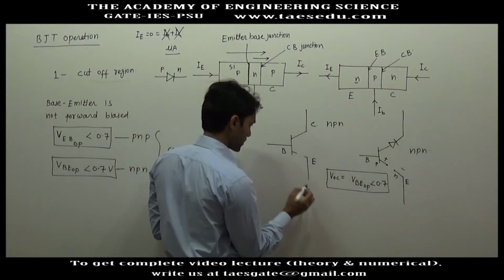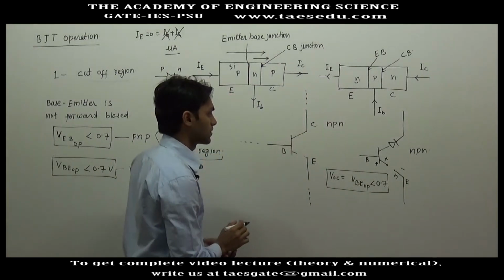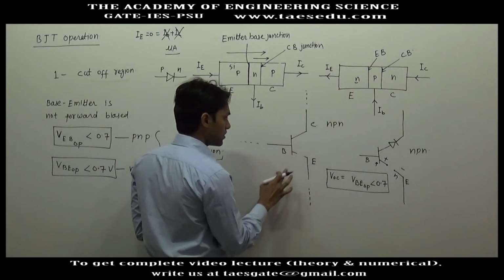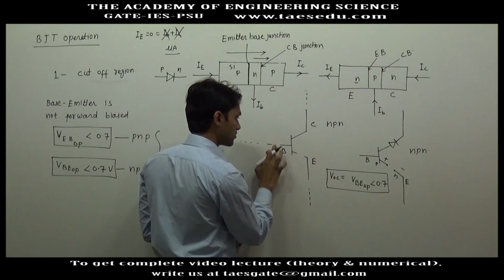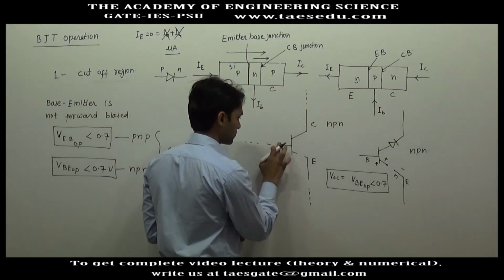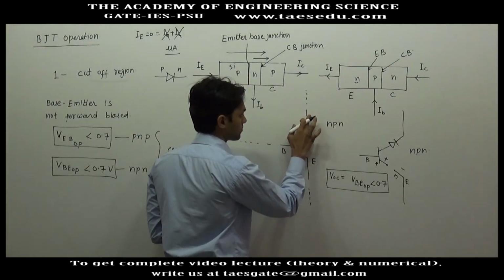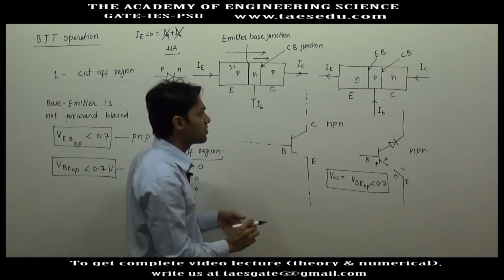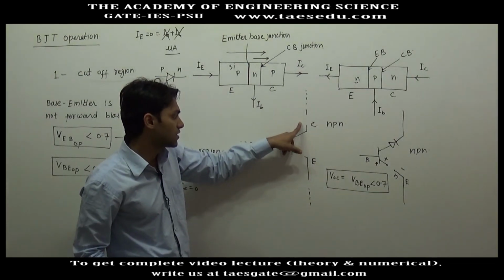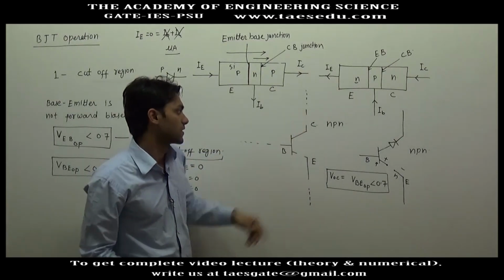Here we will have part of the circuit, here also we will have part of the circuit. So IE is 0. If IE is 0, IB is also 0. This is also open circuited, and this is also open circuited. Open circuit means it is physically connected, but there can't be a flow of current.